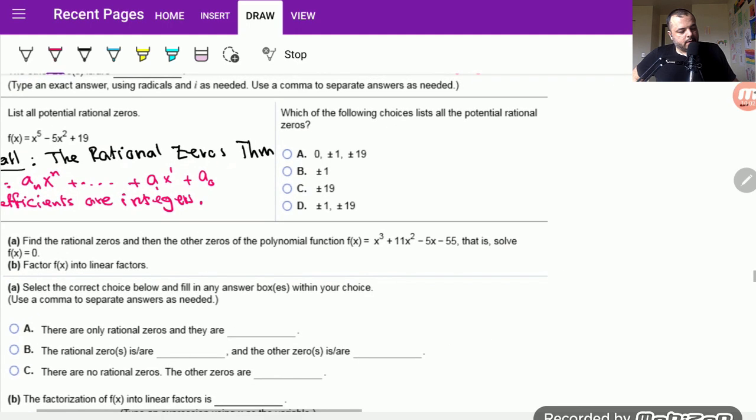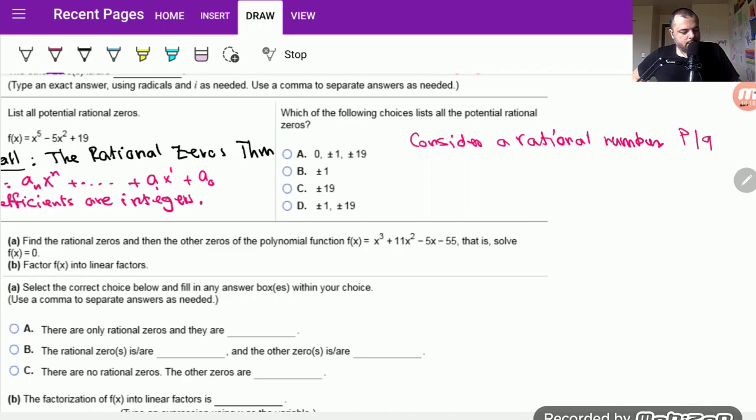Then consider a rational number p over q, where p and q are relatively prime.